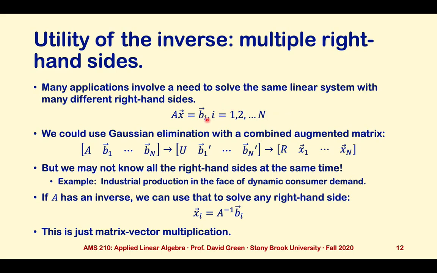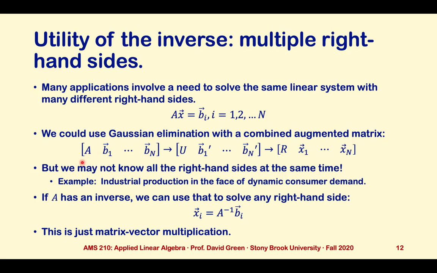Now, if we know what all of those right-hand sides are up front, we've actually seen this in a previous worked example video. We went through using Gaussian elimination to solve a system with two different right-hand sides at the same time. And we can use Gaussian elimination with a combined augmented matrix to do that.